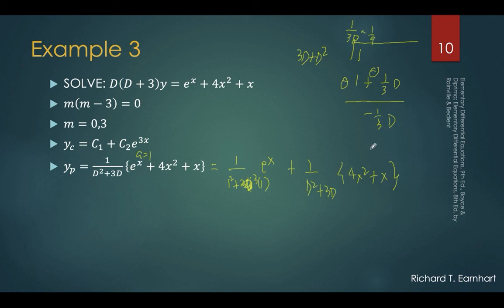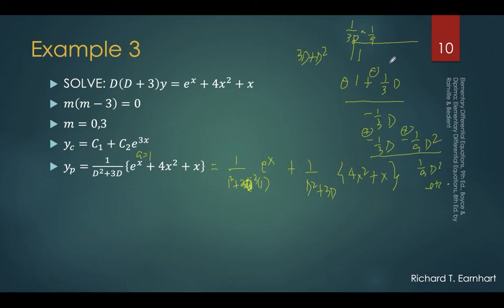Then multiply will give you negative 1/3, minus 1 over 9 D squared. Okay, so change the sign, and then 1 over 9 D squared, and so on and so forth.